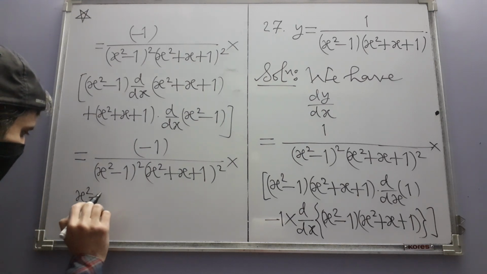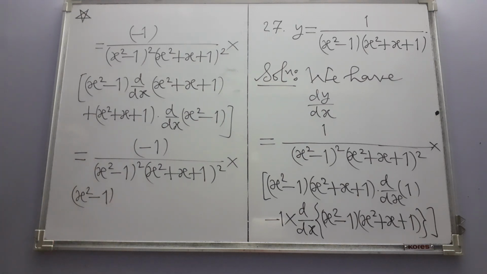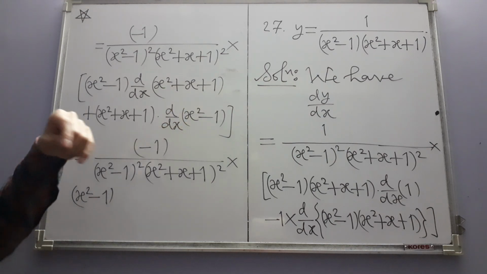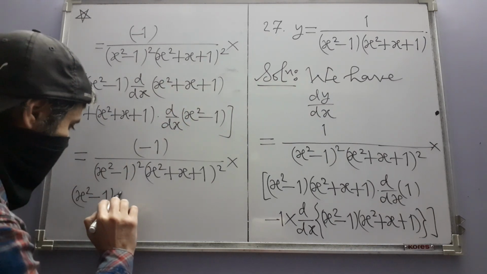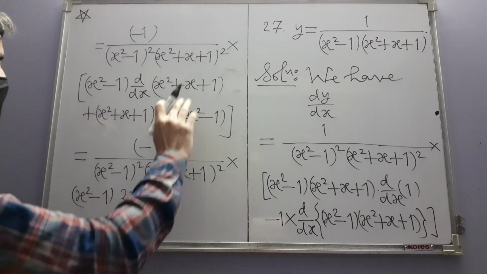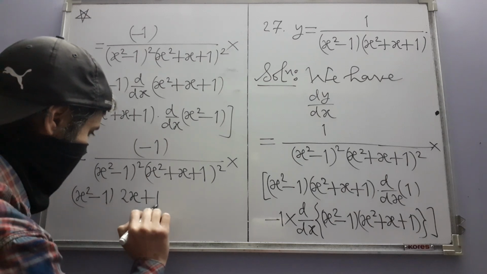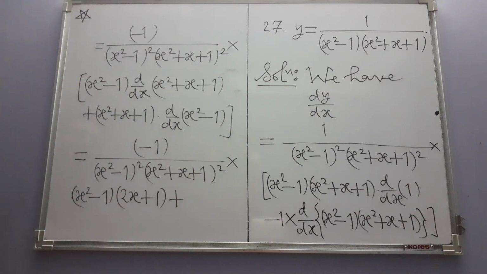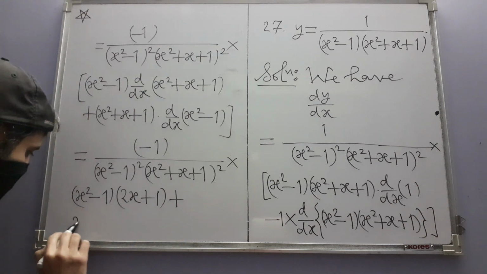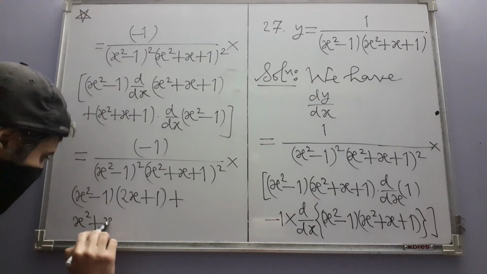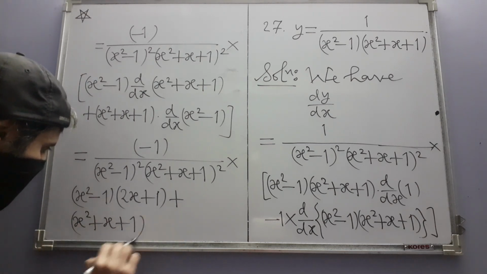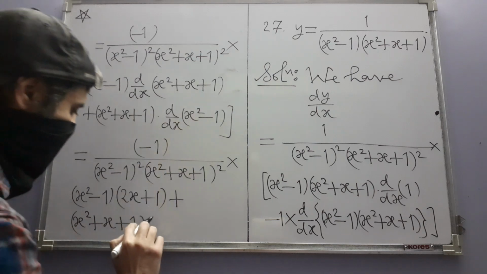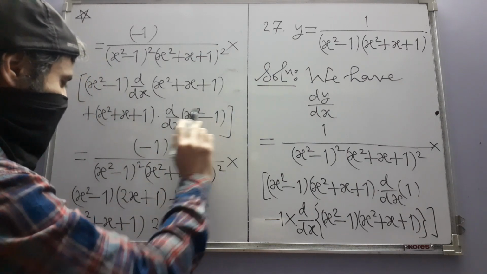So if we do the differentiation, x square will become 2x. X will become 1 plus x square plus x plus 1 times x square will become 2x minus 1 will become 0.